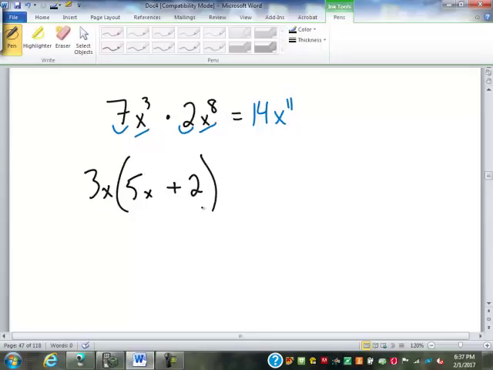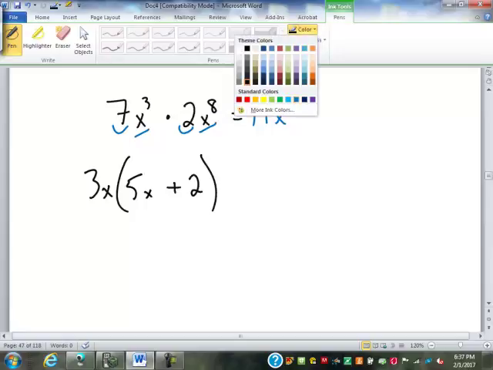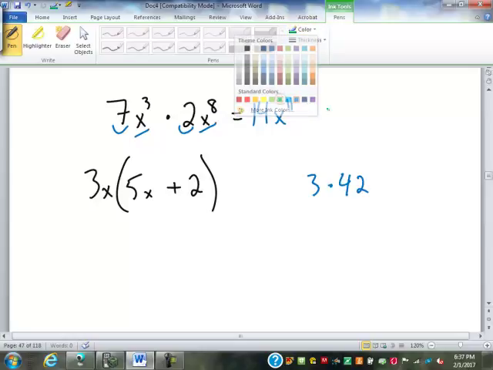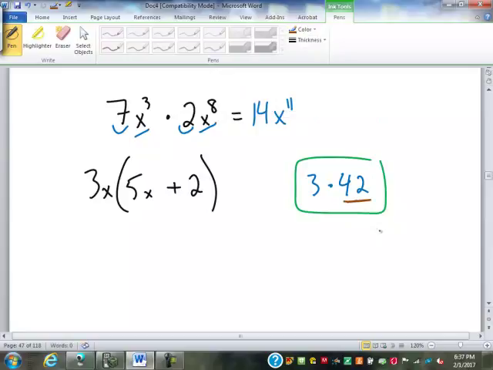Let's look at now, instead of just doing one-digit numbers, let's multiply a single-digit number times a two-digit number. This, believe it or not, is no different than having 3 times 42. If I were multiplying this out by hand, I would set it up with the longer number on top, 42, times 3.